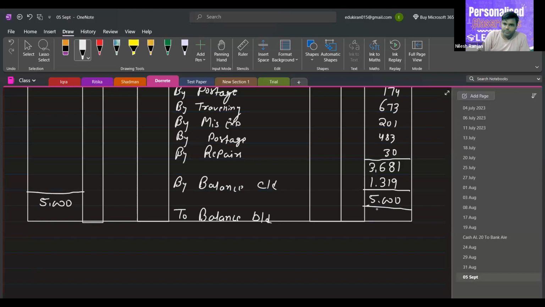So above the total on the amount paid side, we will calculate the balance CD, and balance CD will be written here, 1,319, and the balance amount we will receive from the accountant again. So it will be 3,681. Total will again become 5,000.